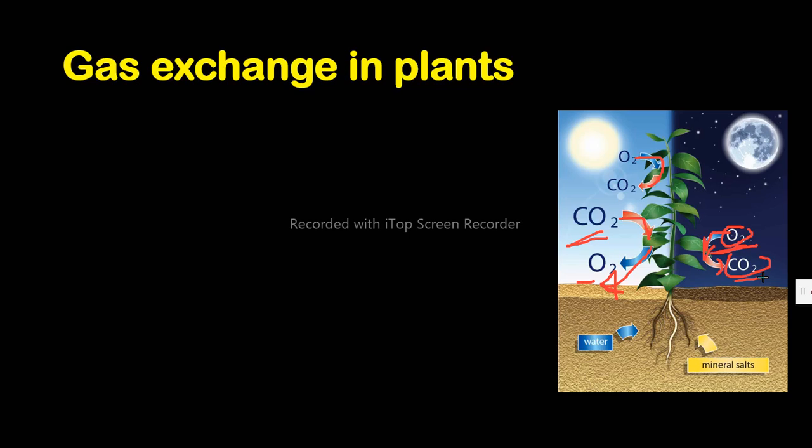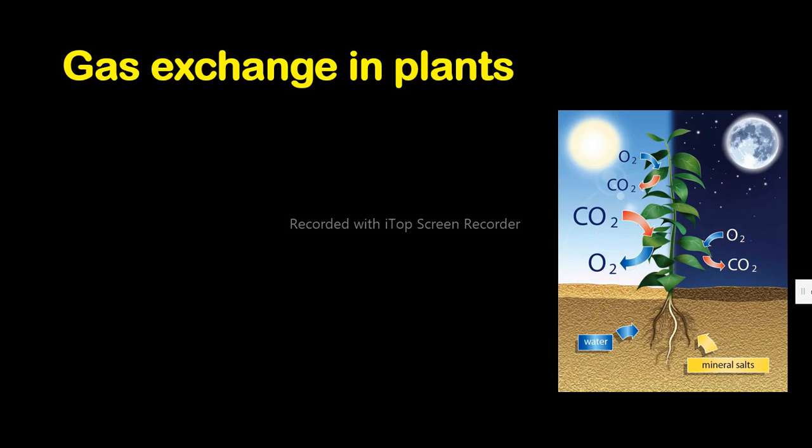Now plants, unlike animals, each part of a plant is responsible for its own gaseous exchange. There are no complex transport systems that transport these respiratory gases.